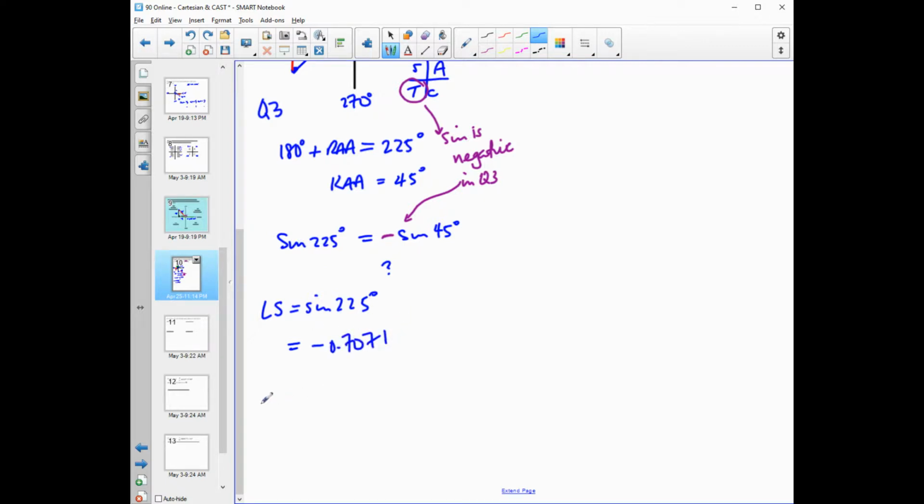My right side is equal to the negative sine of 45 degrees, and if I put in the sine of 45 degrees, I get 0.7071. And of course, that negative sign in front just multiplies in, which means that is equal to my left side, and I have verified this.